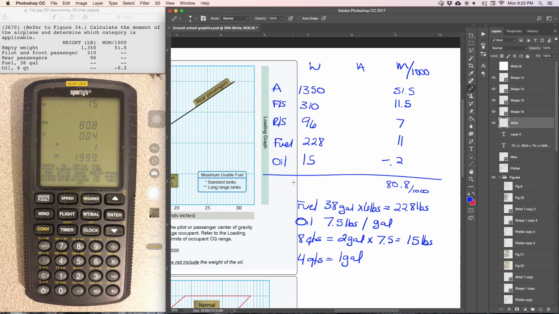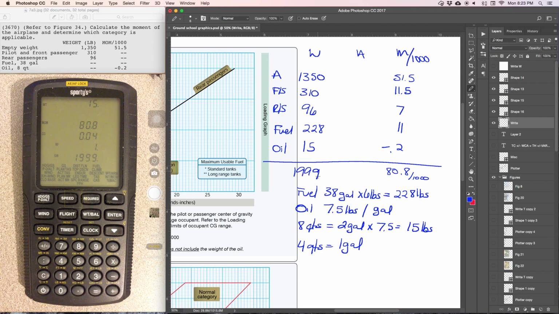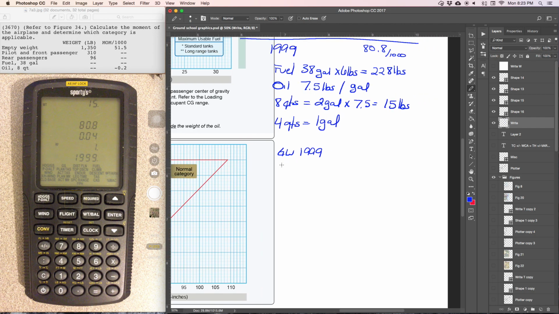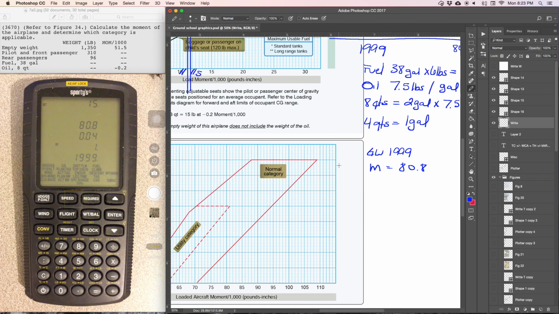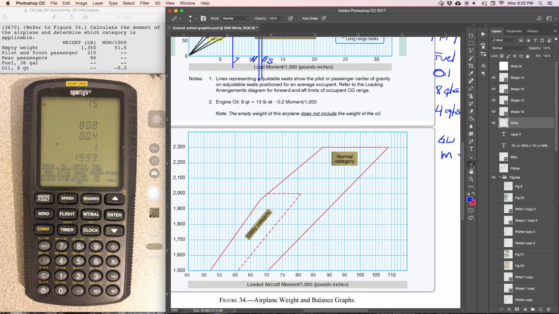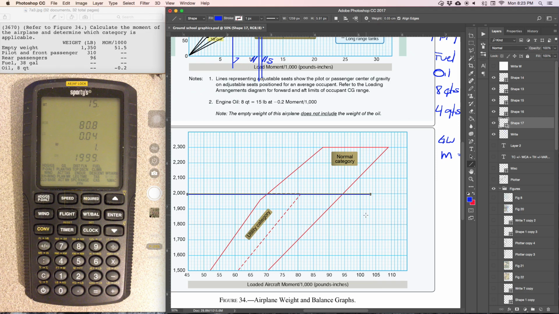And then we have a gross weight of 1,990. We're going to carry that information down here. Gross weight 1,990, and moment 80.8. We're going to draw a line across for the gross weight, and it's just shy of the 2,000 here, so somewhere along this line.